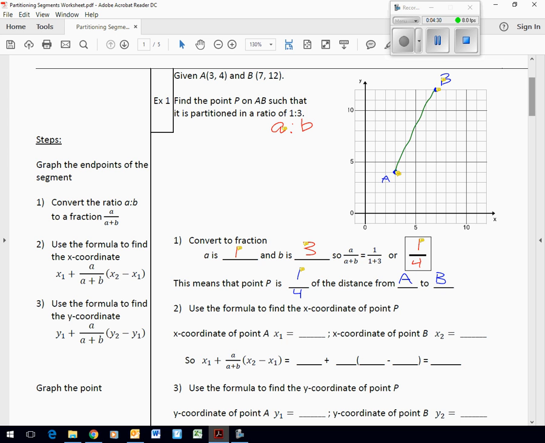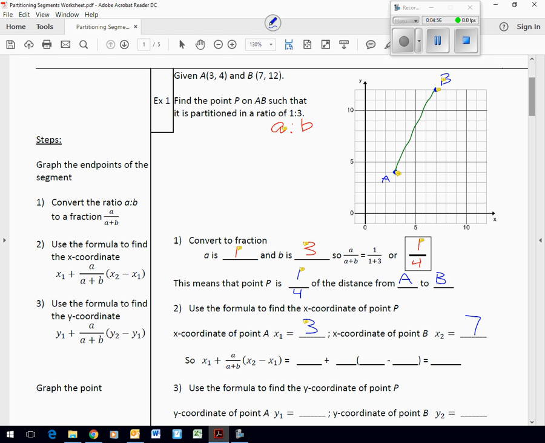What's the x-coordinate of B? 7, right? So, x1, 3, plus A over A plus B, 1/4, times x2, 7, minus x1, 3.